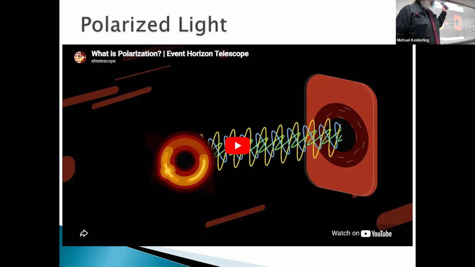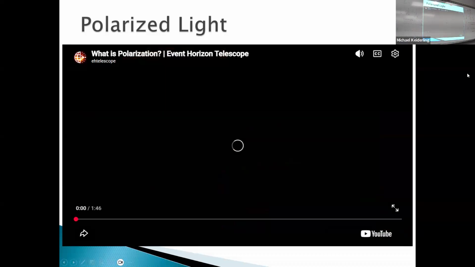Liquid crystal displays, like in your phone or in a screen, have two polarizers with a layer of liquid crystal in between which can twist polarization, and the amount of twist can be controlled electrically. But here is a short video about what polarization is.